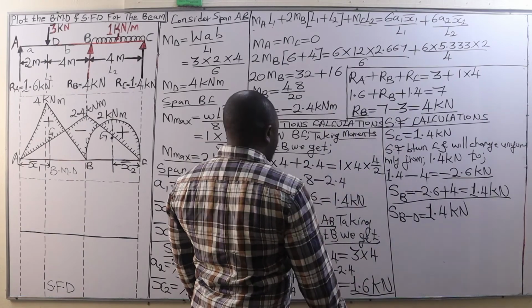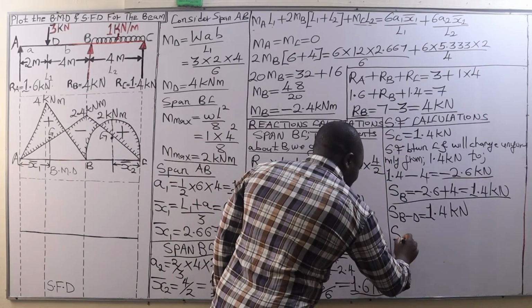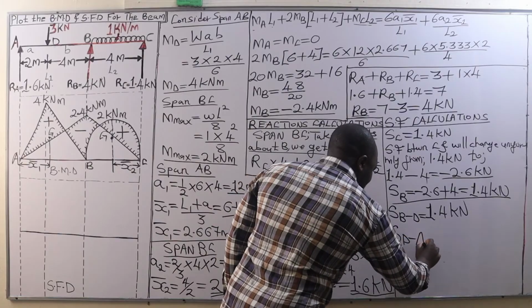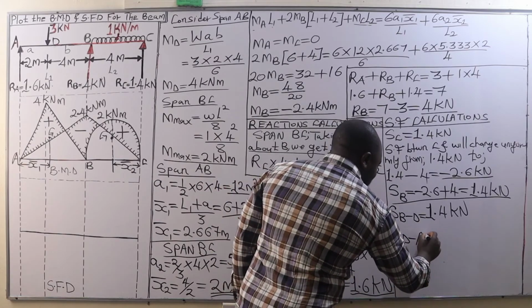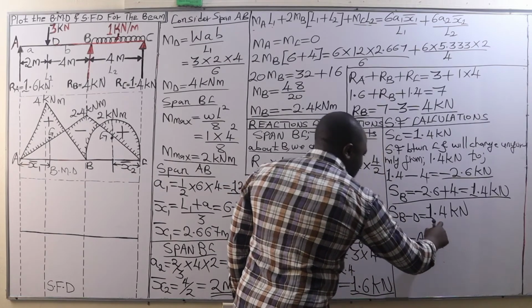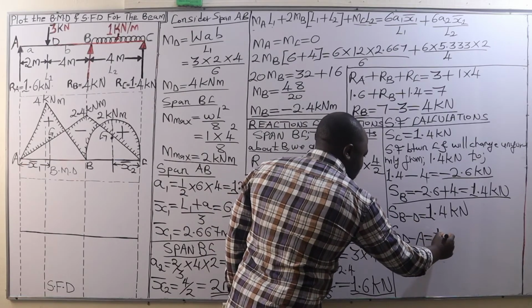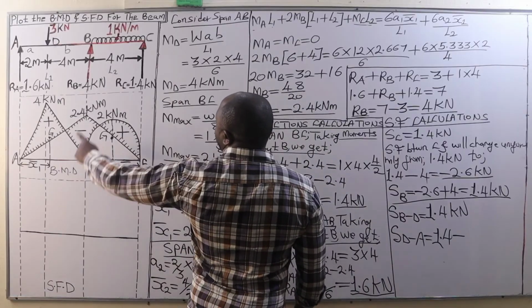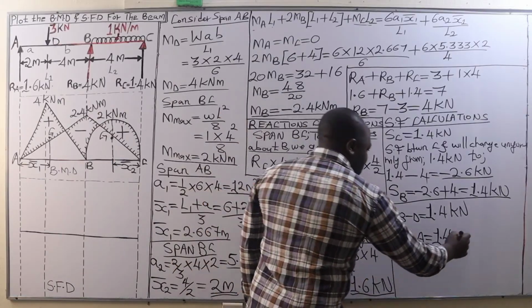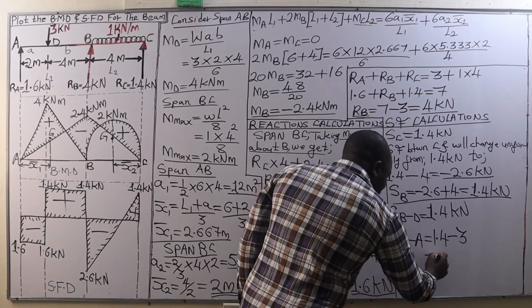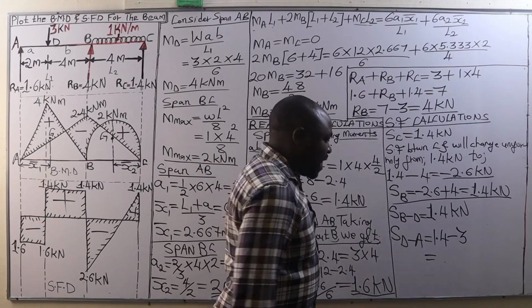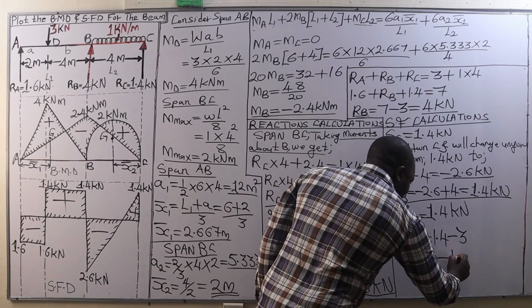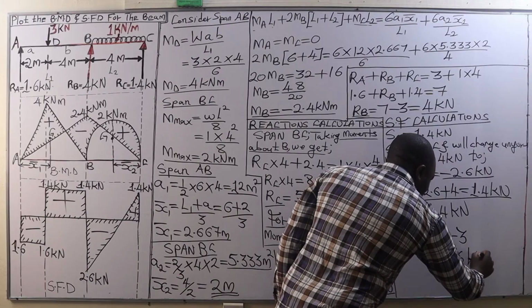And then finally, we determine the shear force between D and A. The shear force between D and A will be given by this 1.4 kilonewton shear force minus the point load at D, which is 3 kilonewtons. And 1.4 minus 3, that is negative 1.6 kilonewtons.